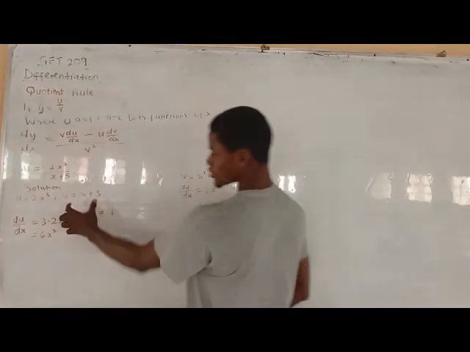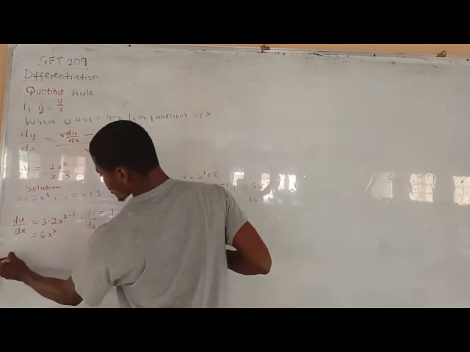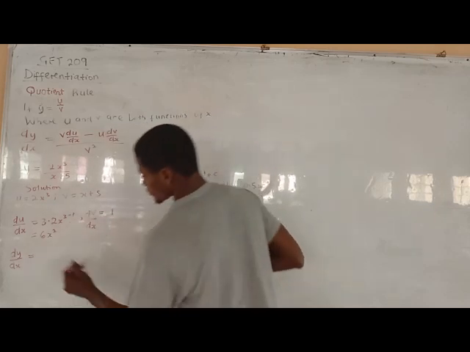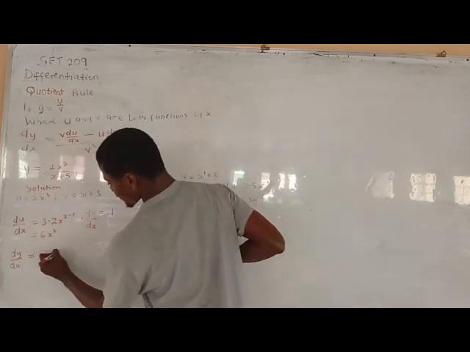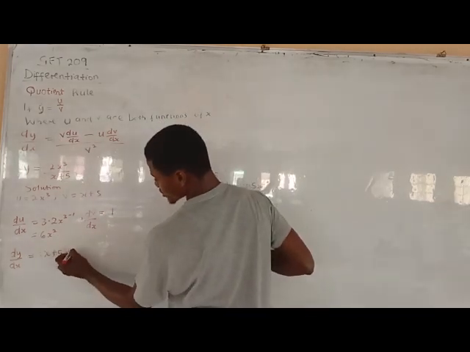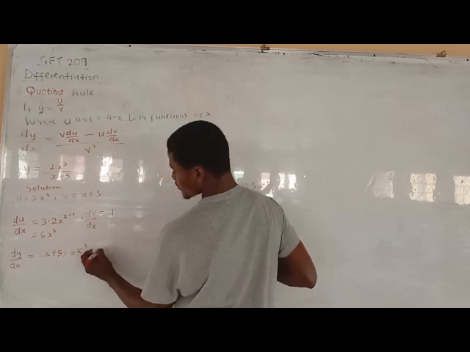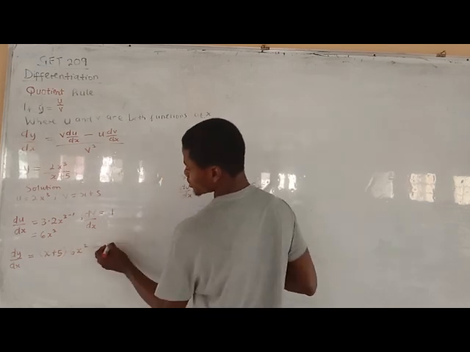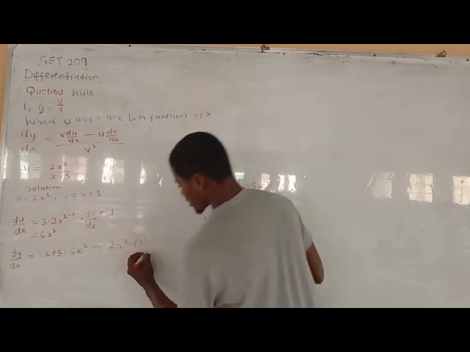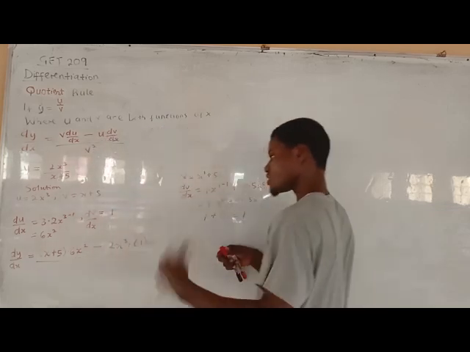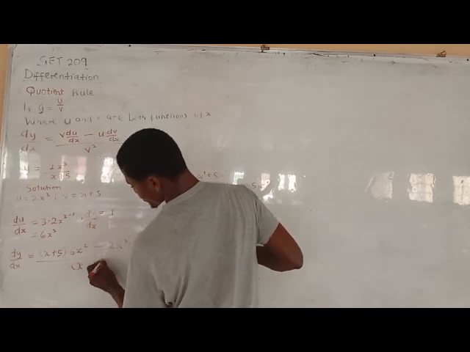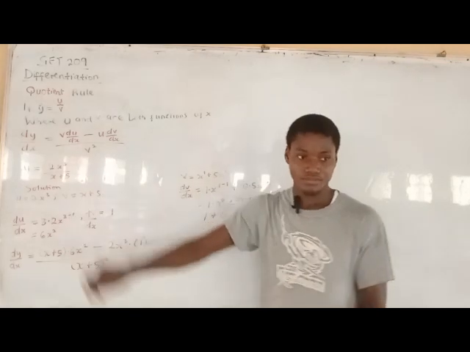For our v equals x plus 5, dy over dx equals x plus 5 times du over dv, which is 6x squared, minus u, which is 2x cubed, times 1 divided by v squared, which is x plus 5 raised to power 2. Don't forget, it's v squared.